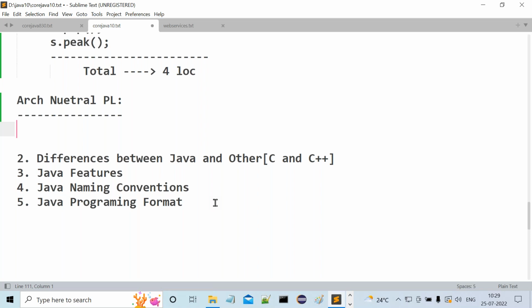Are you understanding what I am telling? Resources may not be sufficient. So what I am telling is that the software industry is an open platform for everybody. Anybody can come to the software industry irrespective of your background.